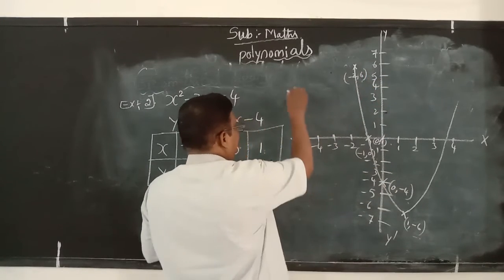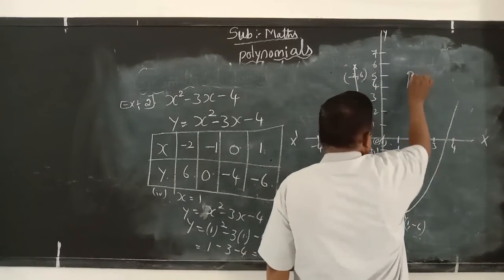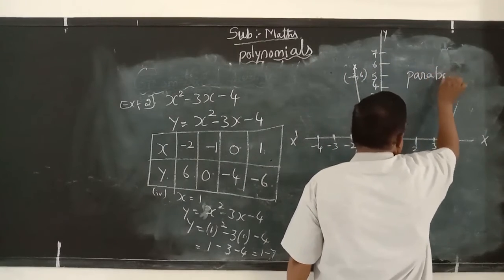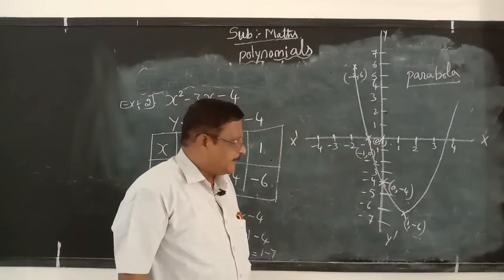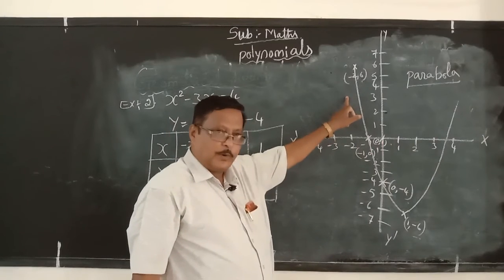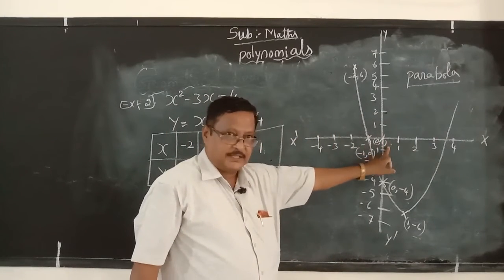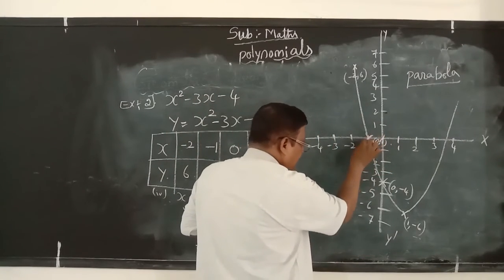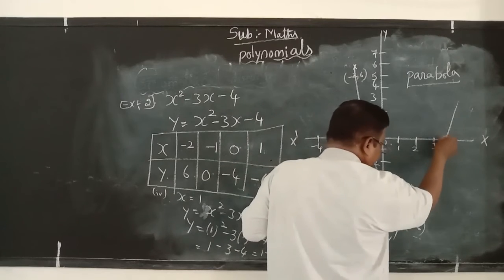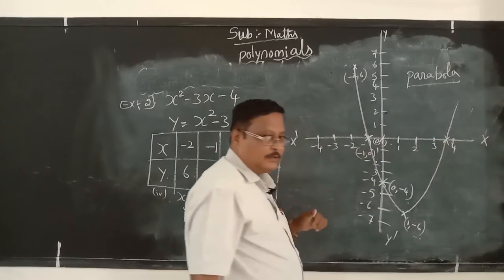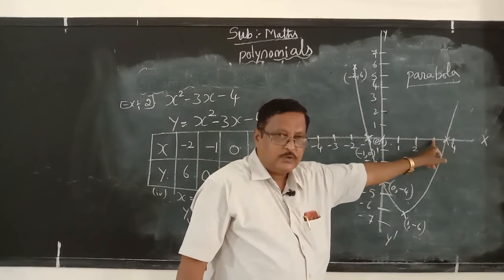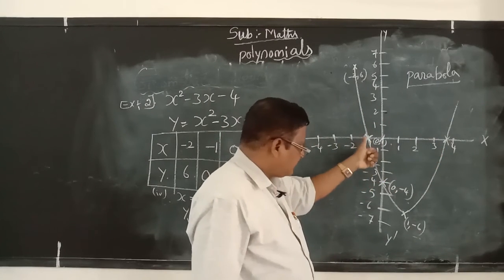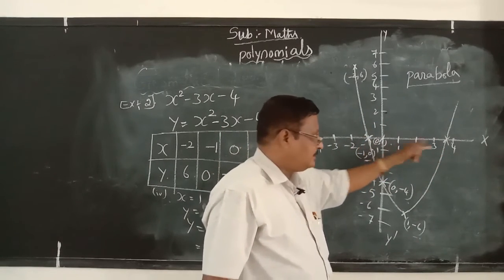This type of graph is called a parabola. It means this parabola cuts the x axis in 2 points. This is the one point, this is the another point. The parabola cuts the x-axis in 2 points.